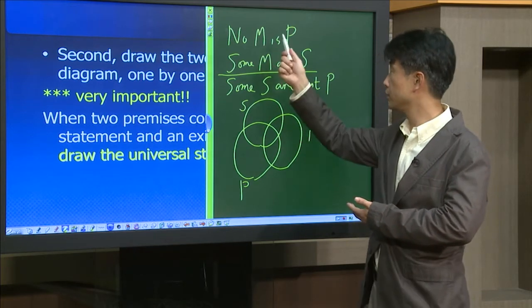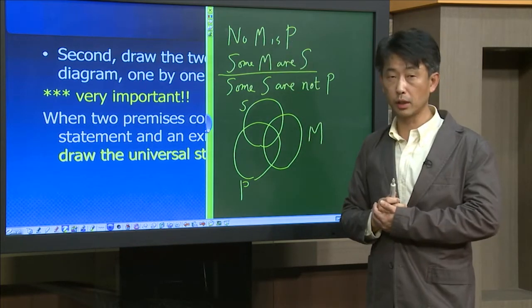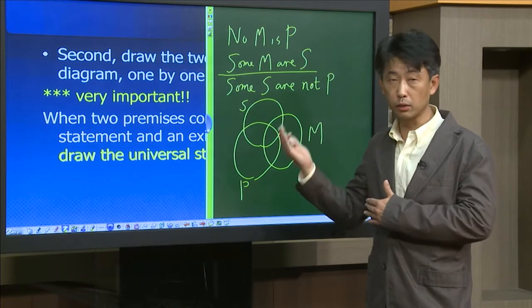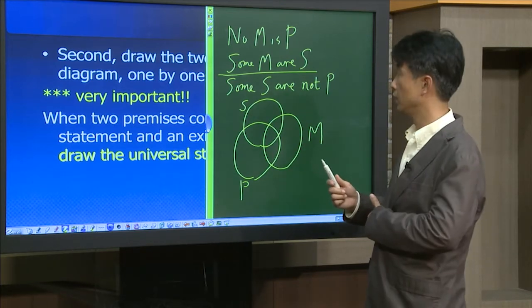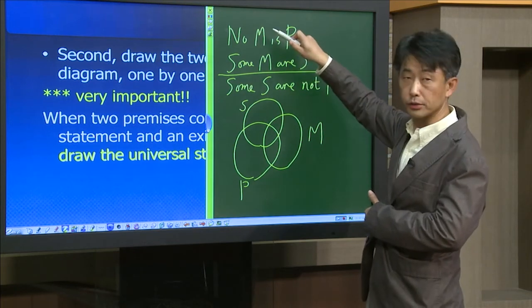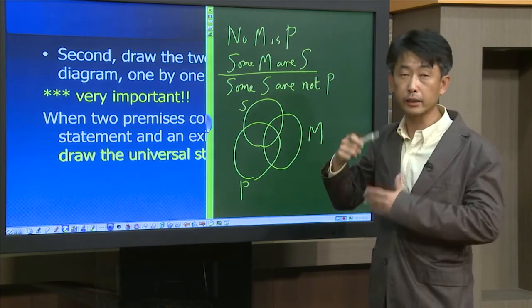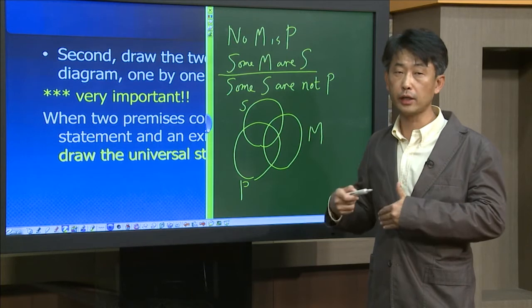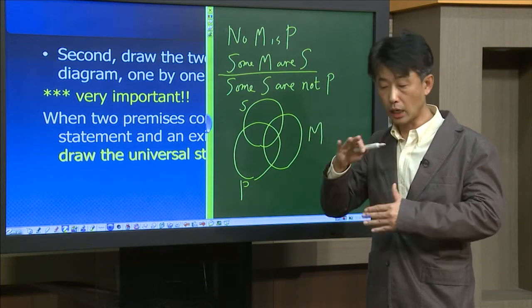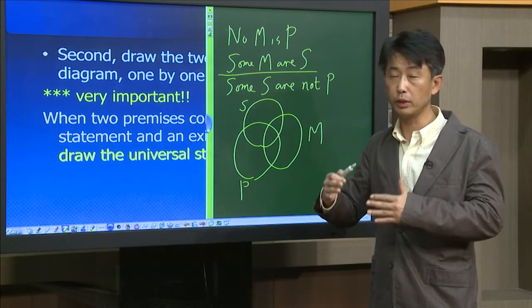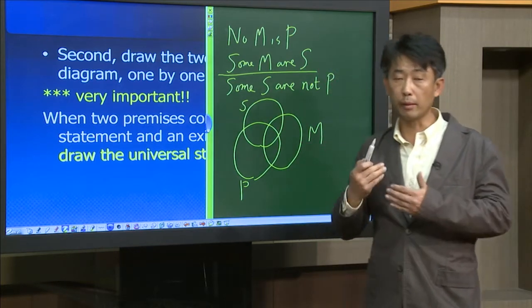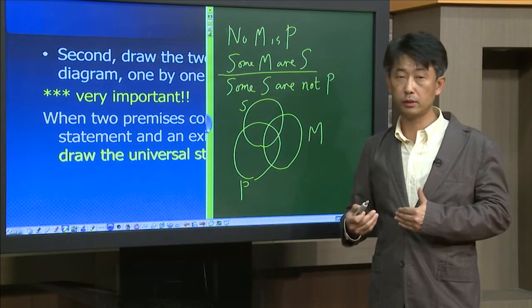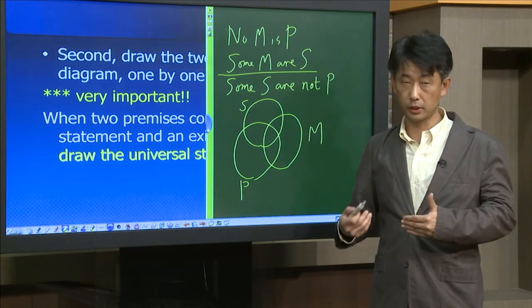Now in this case, the universal statement comes first, so automatically it goes first. But even if this comes first, you have to diagram the universal statement first, regardless of the order in which these premises are presented. You have to draw the universal premise first into the diagram.